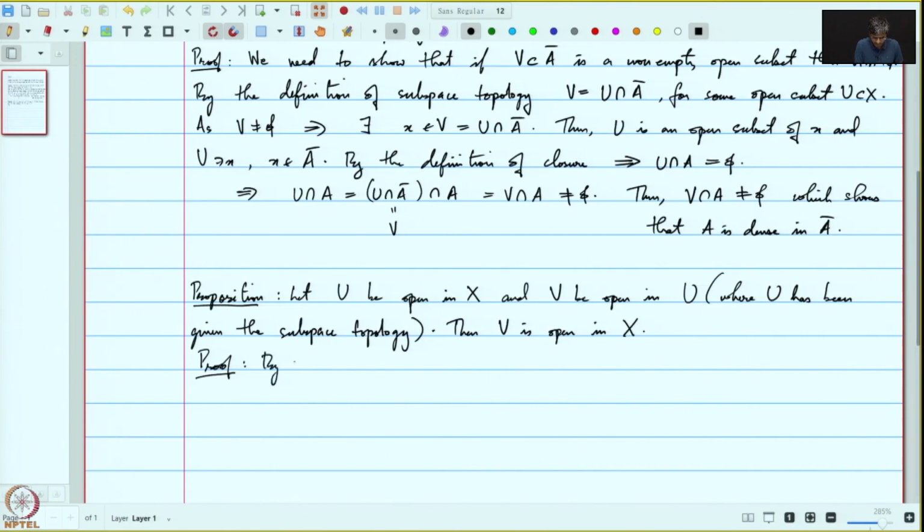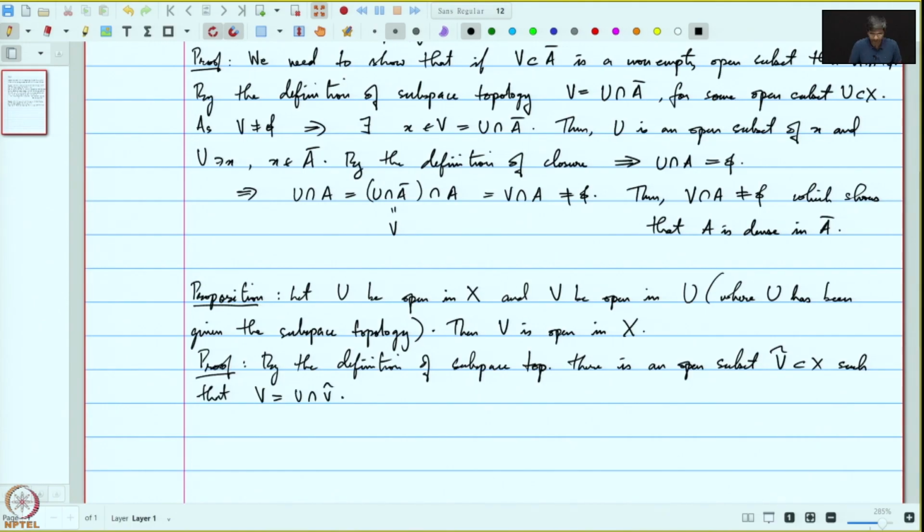By the definition of subspace topology, there is an open subset V tilde in X such that this V is equal to U intersected V tilde.